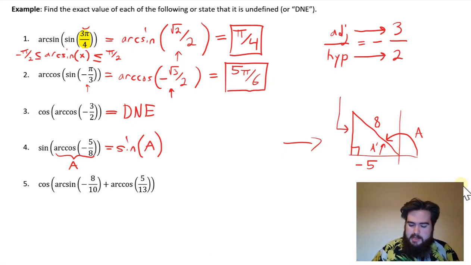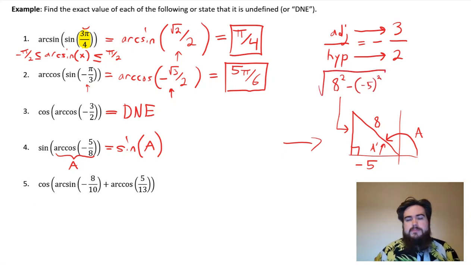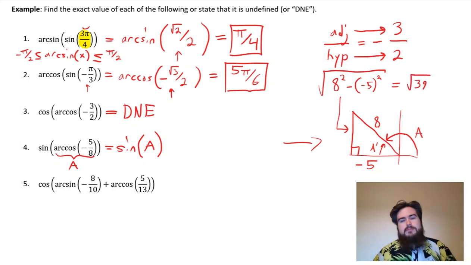So, if we find this opposite side using the Pythagorean theorem, it would be 8 squared minus -5 quantity squared. That would be 64 minus 25, so that's 39, under a square root.